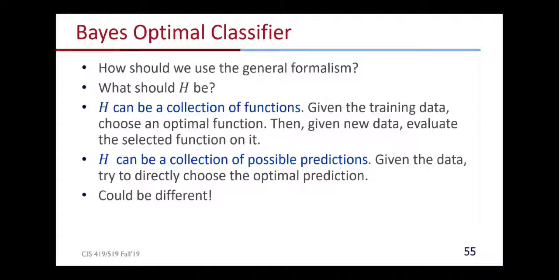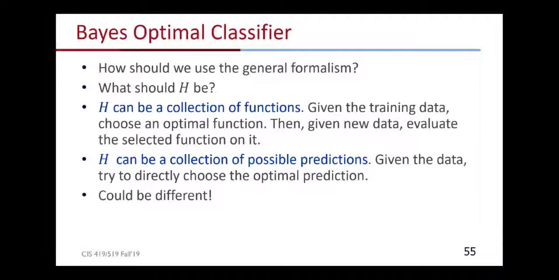So let's move on, and I want to move to an important component of this chapter, which is Bayesian classifiers. When we start to talk about Bayesian classifiers, first of all, we want to think about what we are doing here, right? So we talked about H being a collection of hypotheses, and we're being Bayesian about choosing the hypothesis.